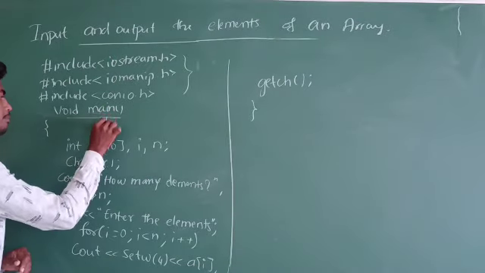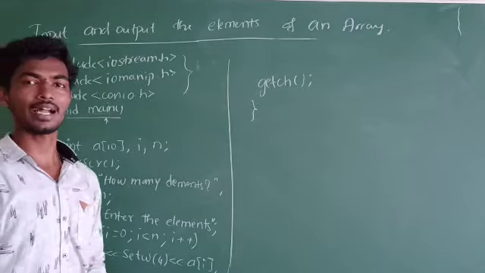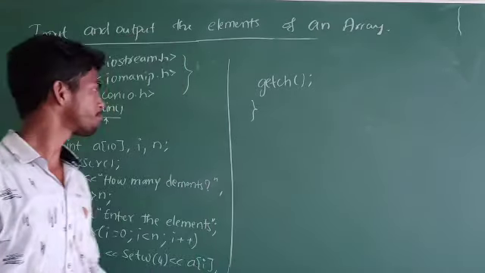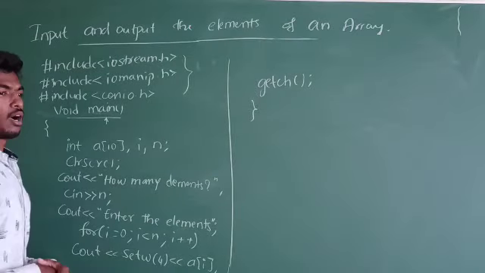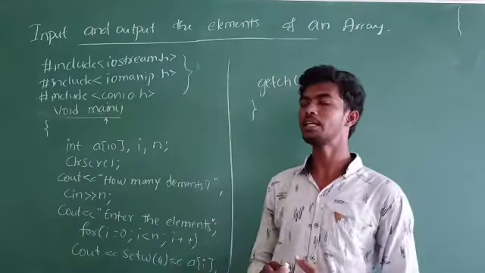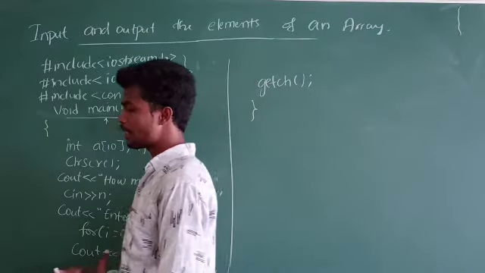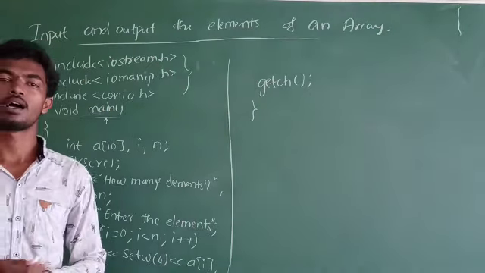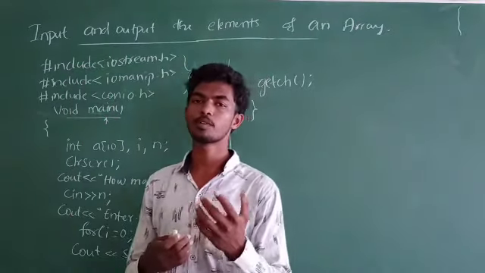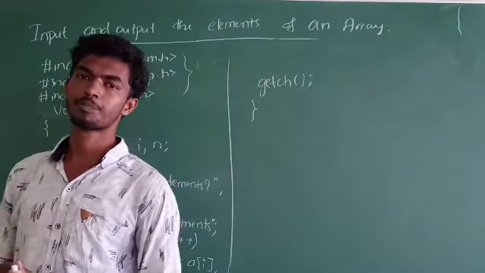Void main function refers to the starting of the main function of a C++ program. For inputting and outputting the elements of an array we need an array and a variable n, and for running the for loop, i is a variable.